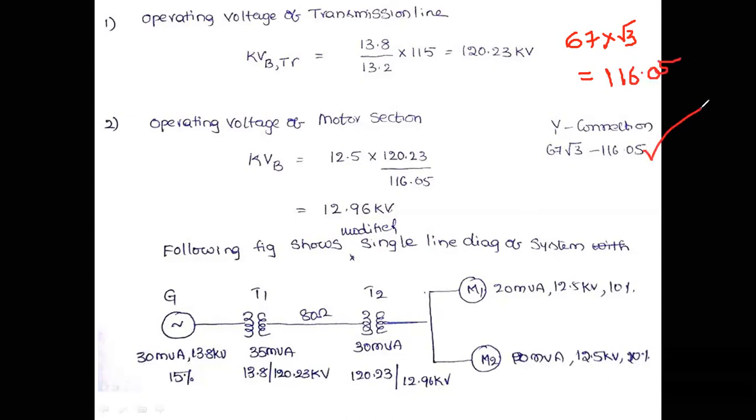Now here I have explained like this. So kV base of the transmission line is equal to, how can we obtain the common base voltage for the transmission line? If you clearly see this, what is the actual voltage level of the first transformer? 13.2 kV by 115 kV.